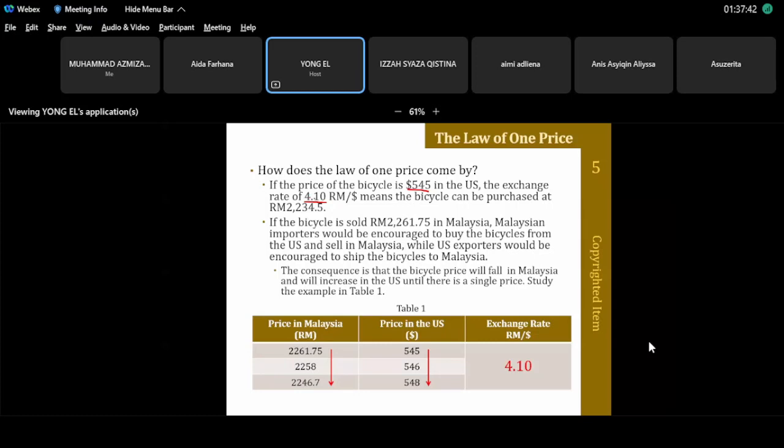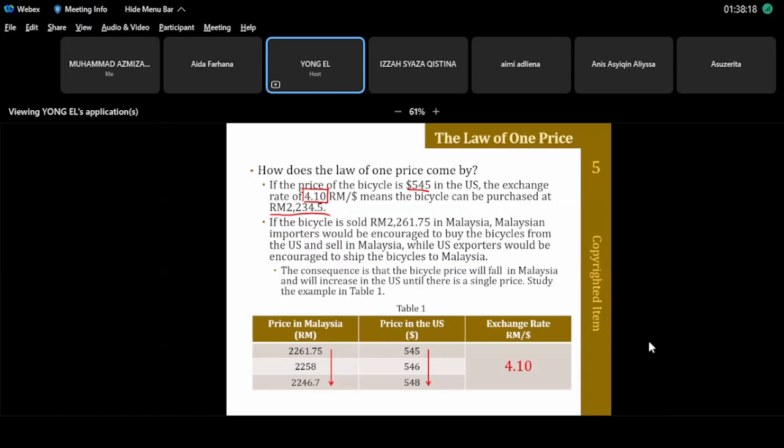If we convert 545 with this exchange rate, we get 2234.5, meaning 2,234 ringgit and 50 cent. This is the price similar to $545 in the United States at this exchange rate. The exchange rate plays a very important role because it makes sure the law of one price applies.